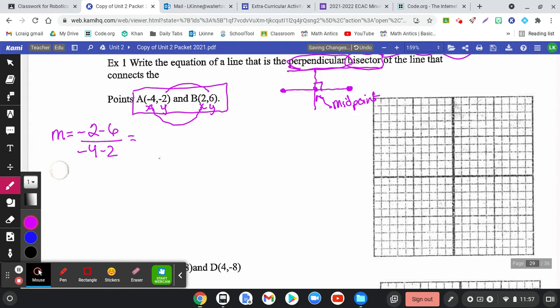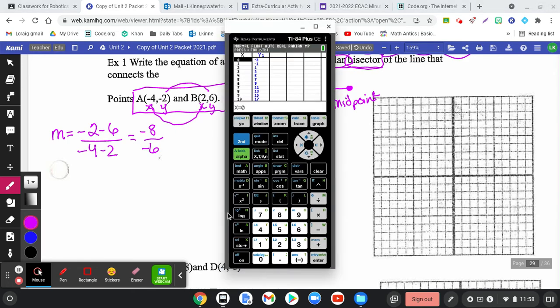If you went the other way with it, you're going to get the exact same slope. So if you started with the second point, that's fine. So we have -8 over -6. You want to simplify that as much as possible. And don't forget, you can always use your calculator. -8 divided by -6, Math, Enter, 4/3.